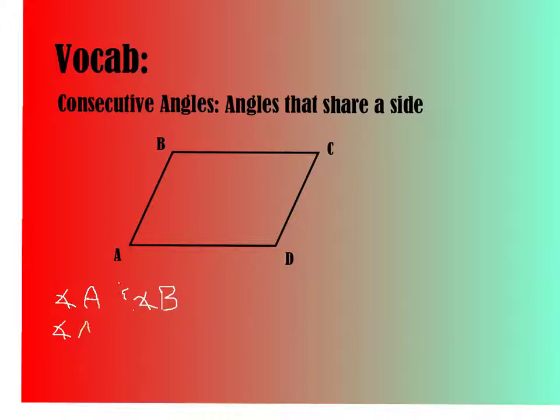But so would angle A and angle D. So it's any angles that are right next to each other. Another example, angle D and angle C. Angle C and angle B. These are all examples of consecutive angles.